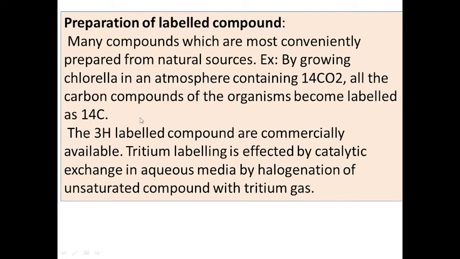For tritium labeling, an aqueous media is taken and the organic compound is placed in aqueous media. That organic compound is irradiated with tritium gas, and by hydrogenation of unsaturated compound with tritium gas, it will produce a tritium labeled compound.